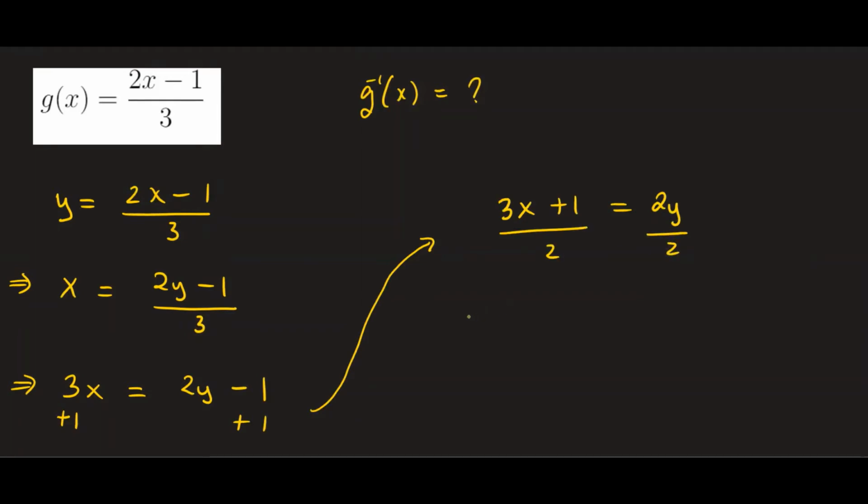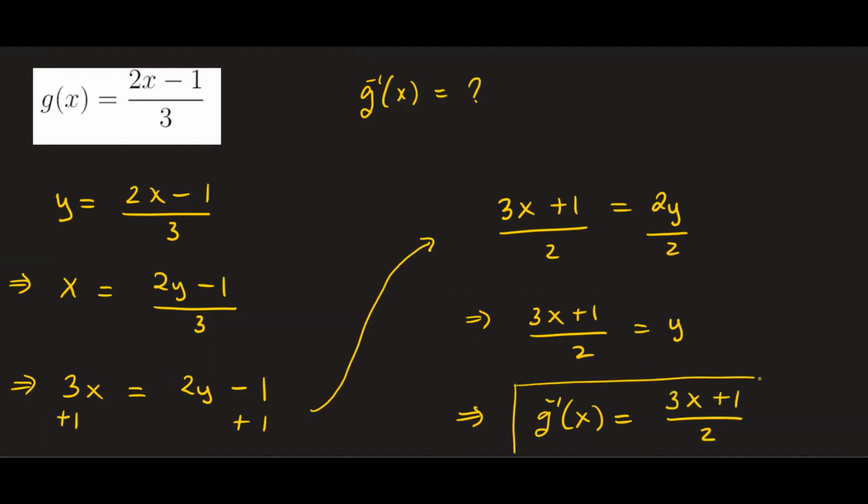So that would give us (3x plus 1) over 2 is equal to y. And once you have finished solving for y, you just rewrite y as the f inverse. In this case, it's the g inverse. So hence we have our inverse function as (3x plus 1) over 2. And if you want, you can separate the fractions, but the idea is the same.